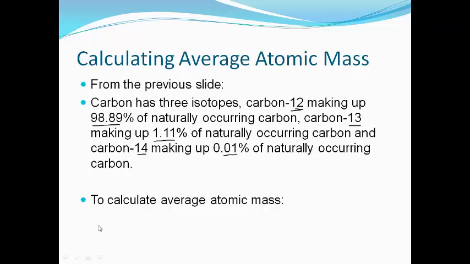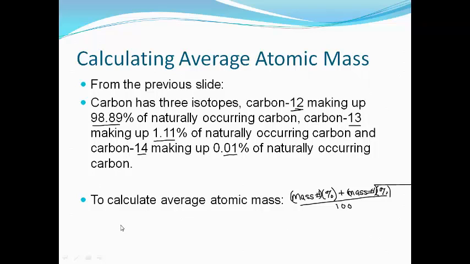So to calculate average atomic mass, you take the mass number of each isotope and multiply it by the percent abundance. Then you add all of those isotopes together after doing the same thing for each, and you divide this number by 100, and this is going to give you the average atomic mass.